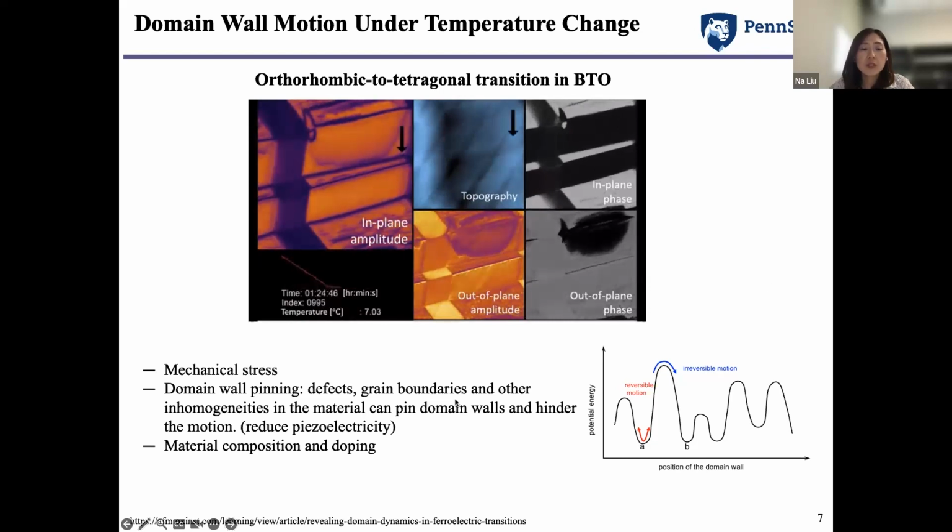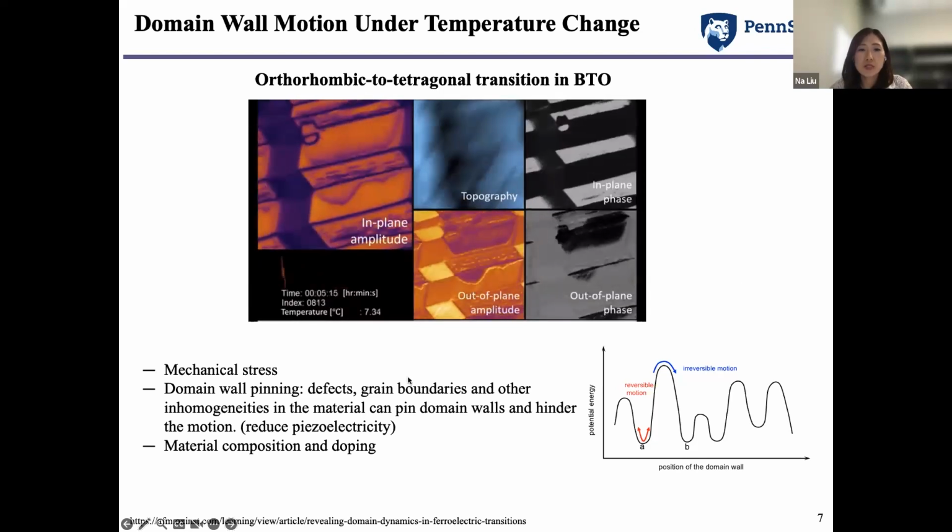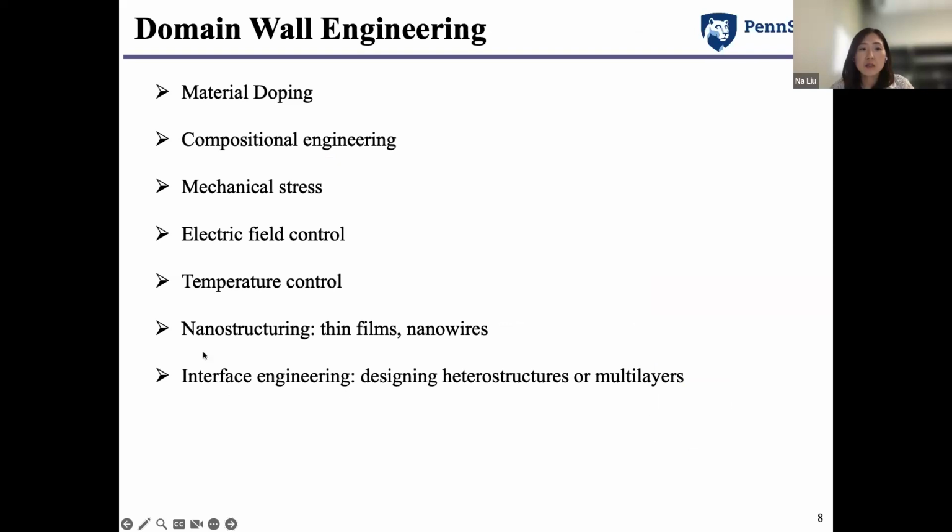So I will then end this talk by summarizing the methods to control the domain wall motion. Here are the conclusive ways to control the domain wall motion. One way is material doping, or we can also do compositional engineering.